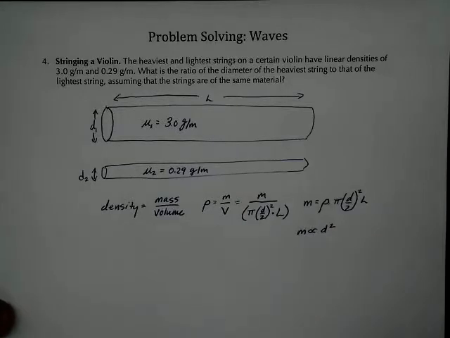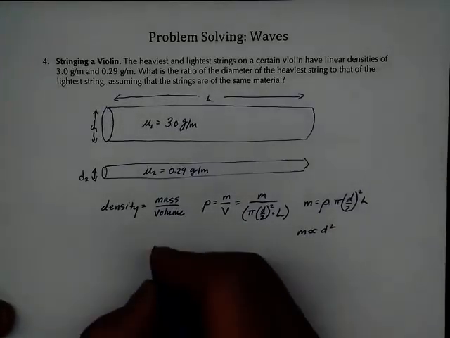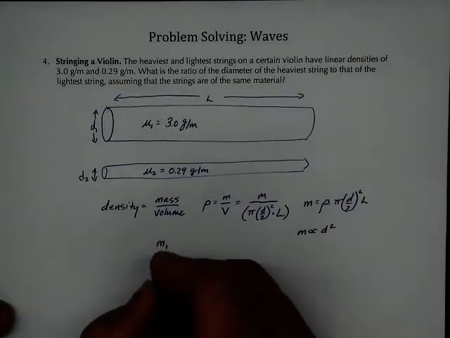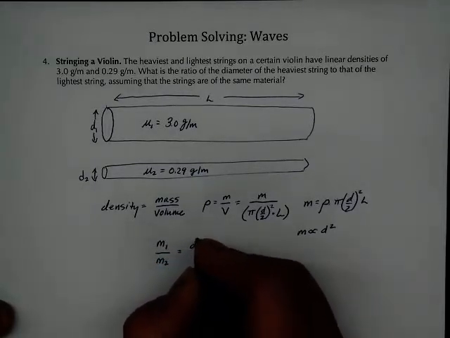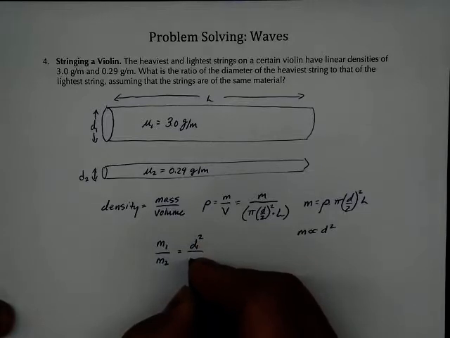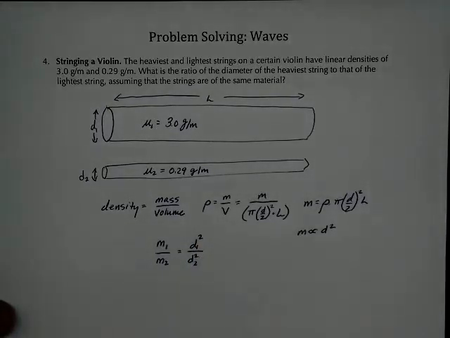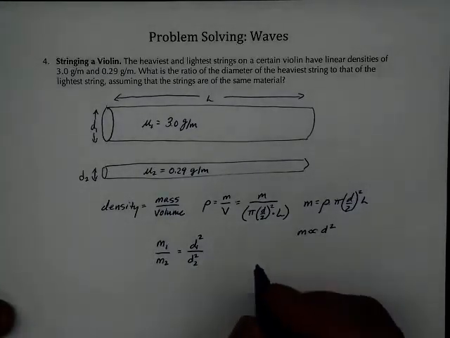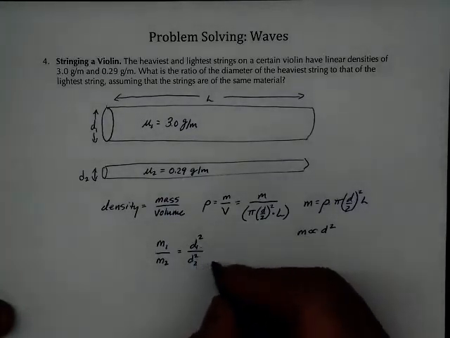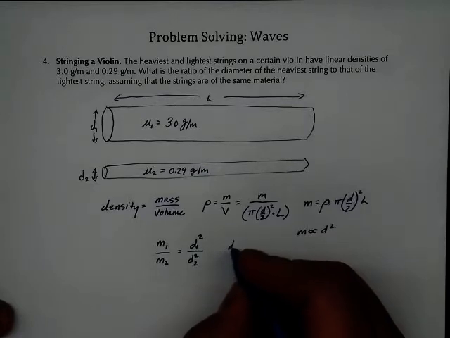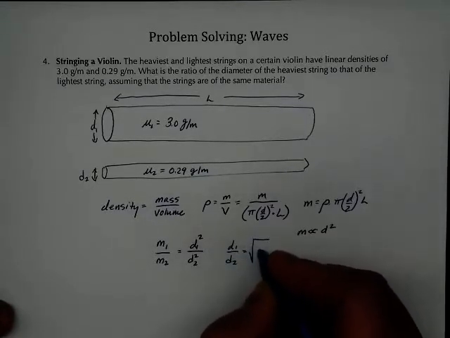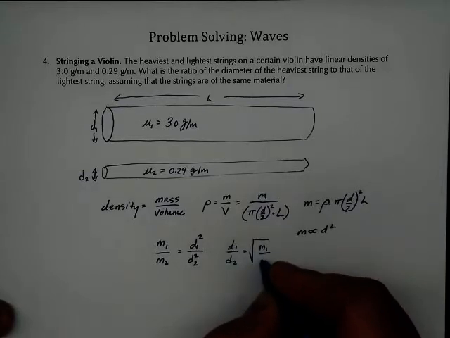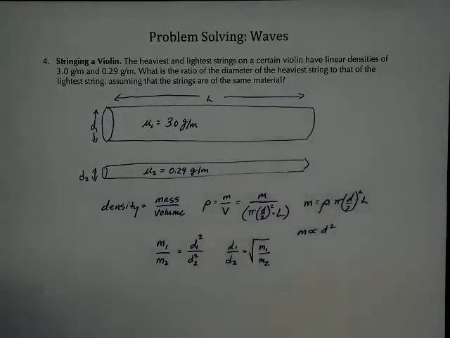And if that's true, then we can set up a ratio and say the mass of string 1 to the mass of string 2 must be the same as the ratio of the diameter of string 1 squared to the diameter of string 2 squared. And if we're solving for the ratio of the diameters, that means the diameter of string 1 over the diameter of string 2 is the square root of the mass of 1 to the mass of 2.